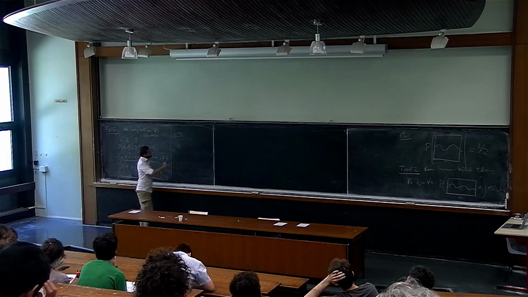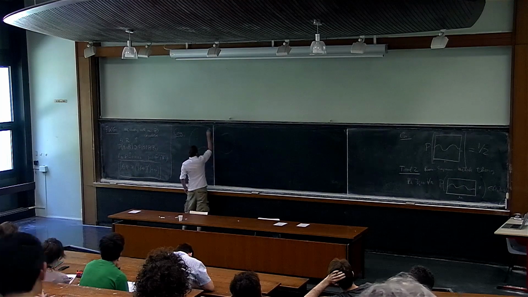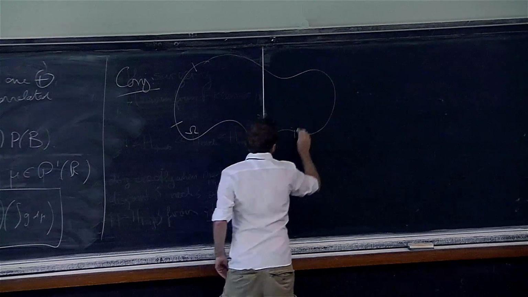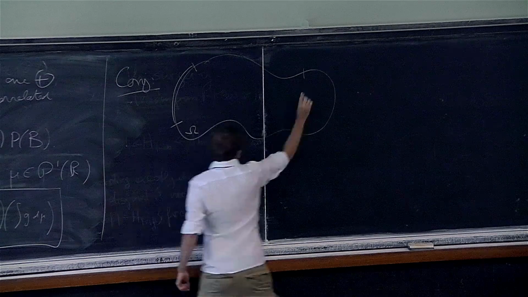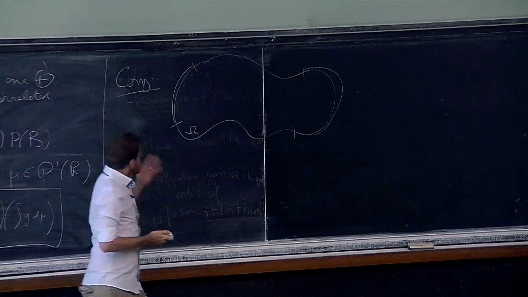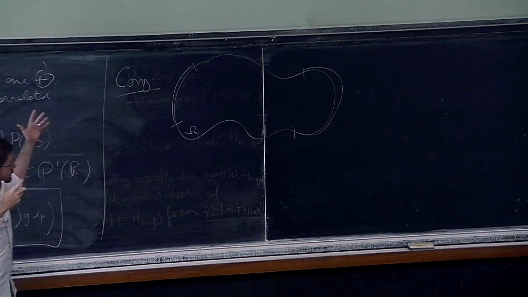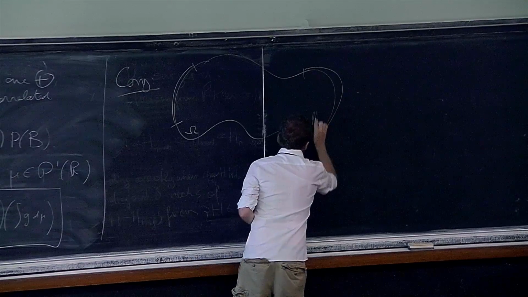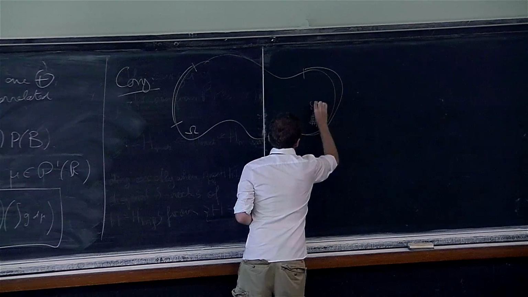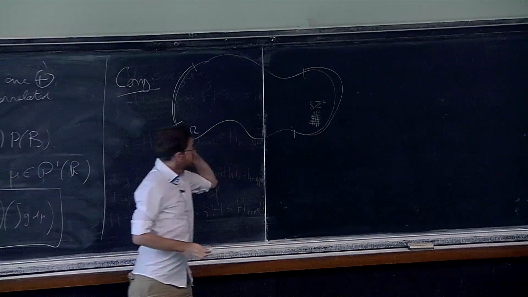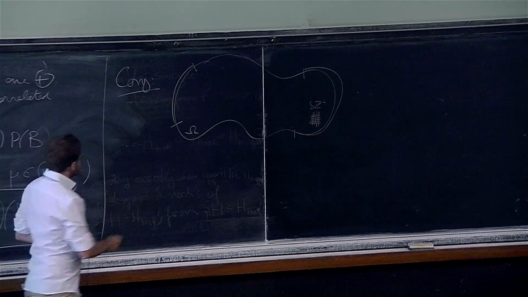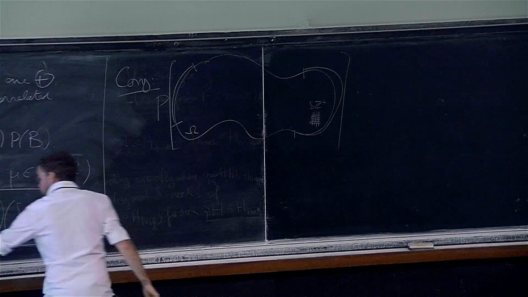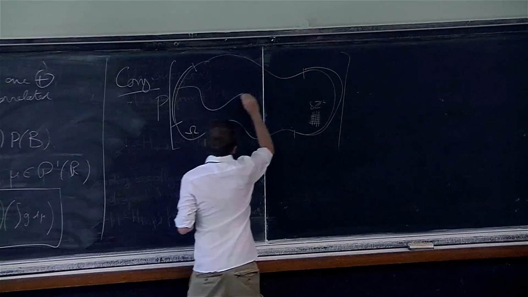If you take any simply connected domain in the plane, omega, and any two boundary arcs of this domain, and now this domain is fixed, and you look at percolation on a very fine copy of Z2. So you look at delta Z2, and delta is going to go to 0. And you look at the probability that at the critical point there is a crossing between these two boundary arcs.